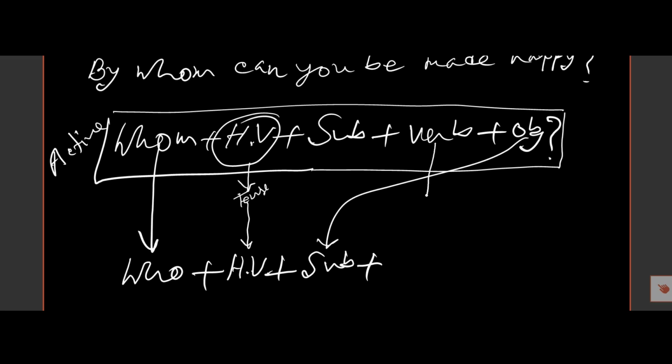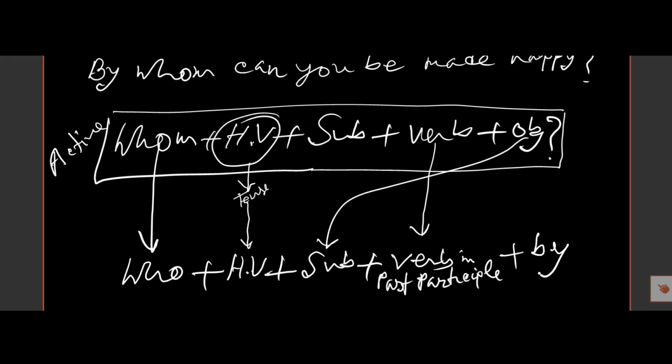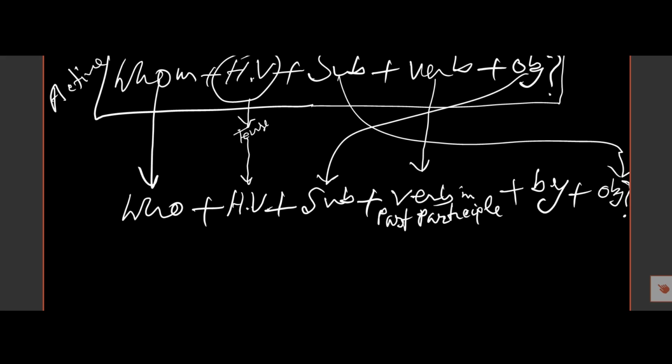Then the main verb will be in the past participle form. Then by, and then the subject will be the object here. And after that, there will be an interrogation mark. This is the interrogative form if the sentence begins with whom.